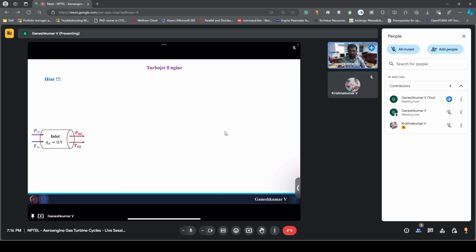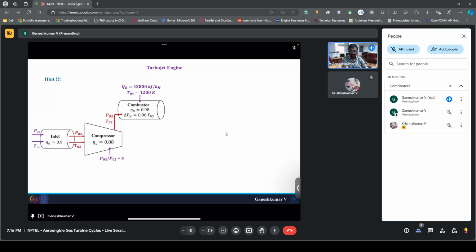and using that P02 and T02 we can find the compressor station properties. So compressor inlet will be P02 and T02, and the pressure ratio is already given. So with this we can find P03 and T03, which is exit of the compressor. And after the compressor we have the combustion chamber whose pressure losses are given and also the efficiencies are given.